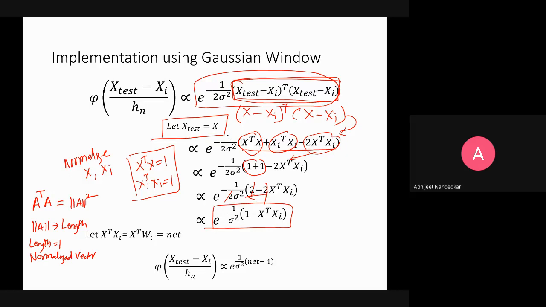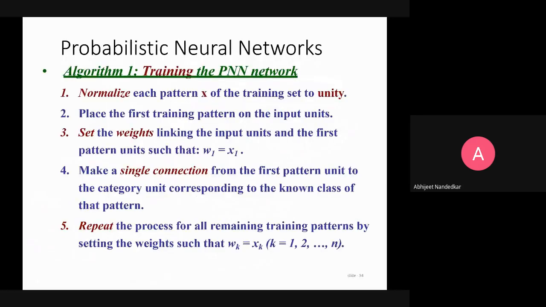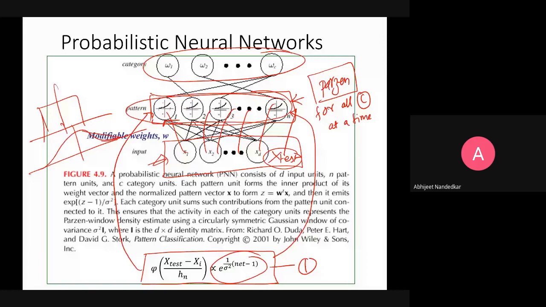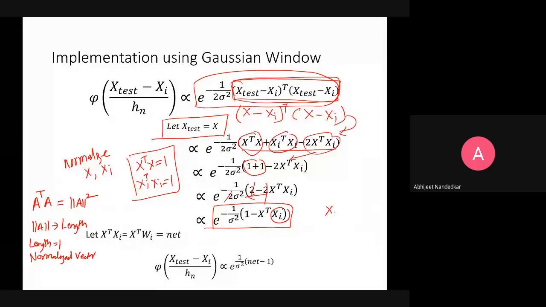Now what I'm going to do is this xi I will call as weight of the connection. So xi we will call it as wi. So just name change, and this minus we can take inside.